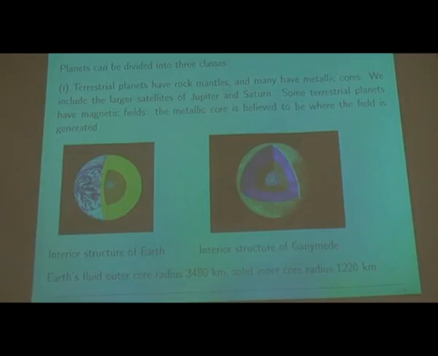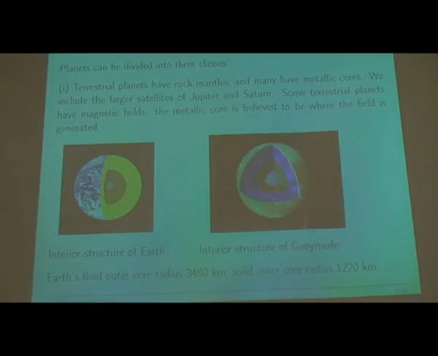From the Galileo mission, the gravity field of Ganymede was accurately measured, and they deduced a model for the interior structure of Ganymede, which has also got an iron core, which, since Ganymede seems to support a dynamo, is actually a fluid. Now it may slightly surprise you that I'm including Ganymede as a planet, but from the point of view of dynamo theory and indeed the physics of planets, whether it happens to go around the Sun or whether it happens to go around Jupiter is fairly irrelevant.